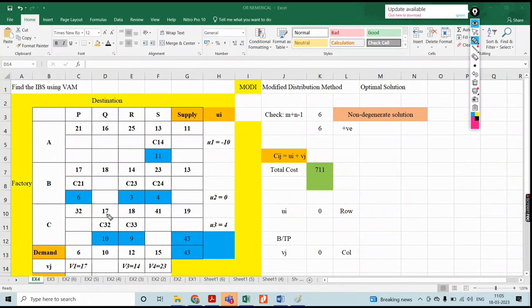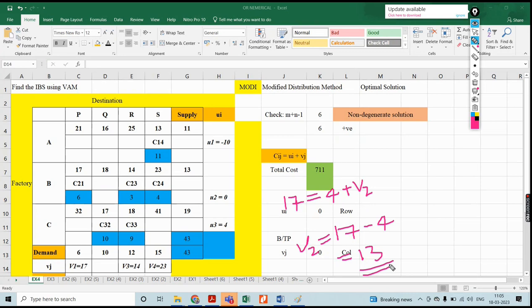It is 17, equal to U3 value 4 plus V2. What I want is V2. V2 equal to what? 17 minus 4. 17 minus 4 is how much? 13. Now I got 13.